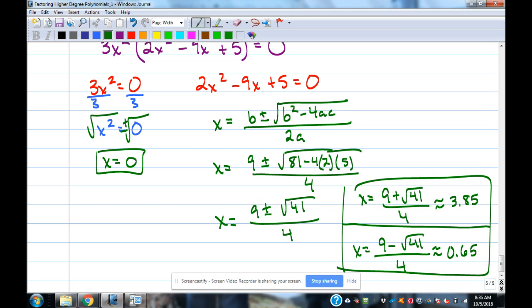The highest exponent on x is 4. That always matches up. As we're doing higher degree polynomials from here on out, it always matches up. Whatever the highest exponent on x is, that's how many solutions we should be finding.